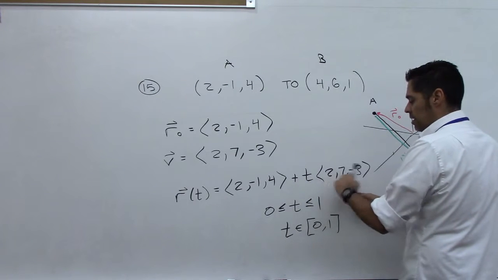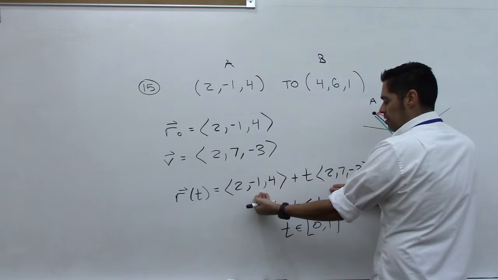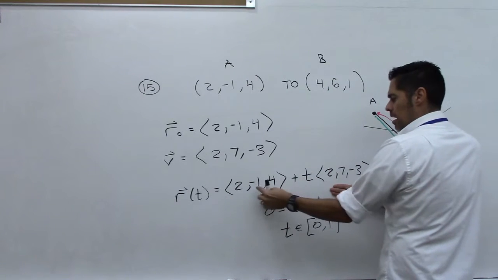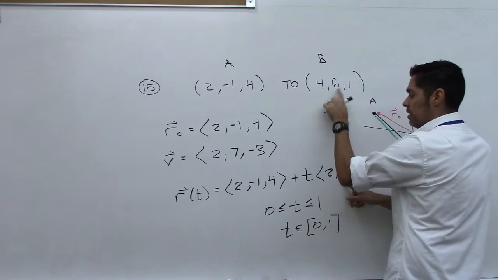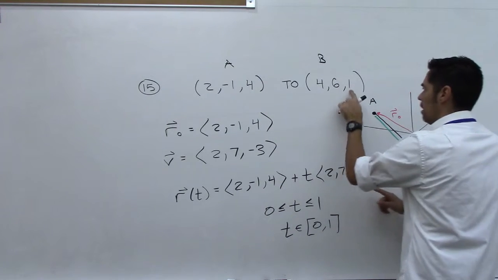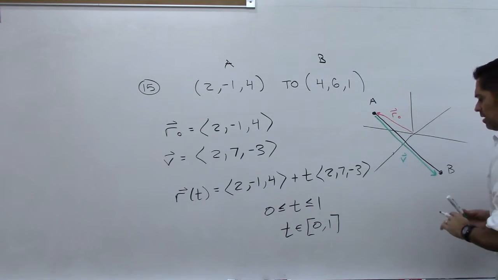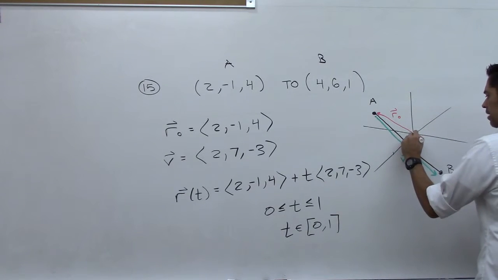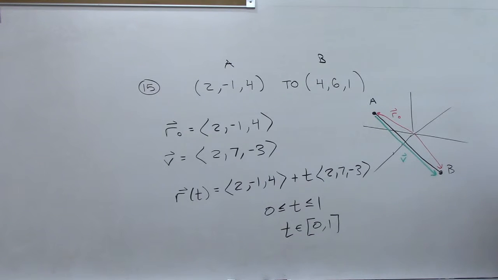This will be 1 times this, which is just this vector. You add these two together. 2 plus 2 is 4, that would give you this. -1 plus 7 is 6, that would give you this. And 4 take away 3 would be 1, and you'd be here. So at t equal to 1, you're going from the origin to this point.